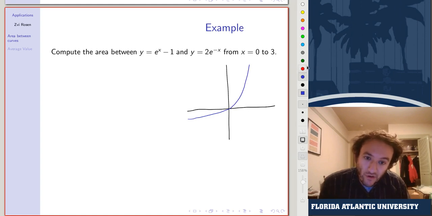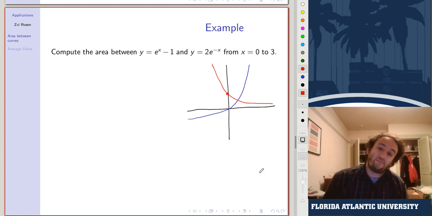As for the curve 2e to the minus x, because you're multiplying by 2, at the point x equals 0, you're going to get y equals 2. And then it gets very small on the right and gets large quickly on the left. Very similar idea, just reflected.